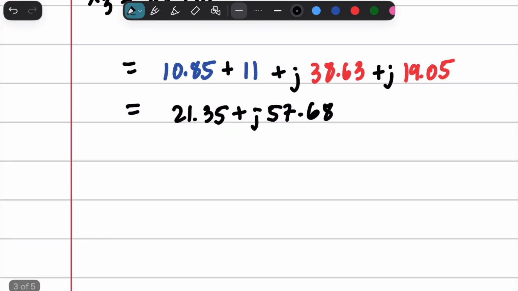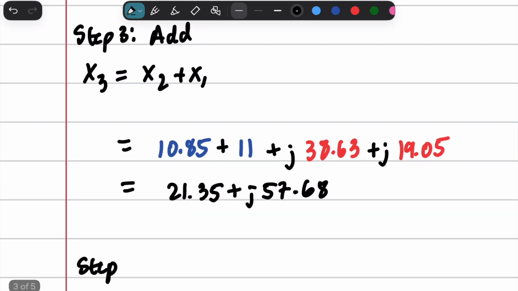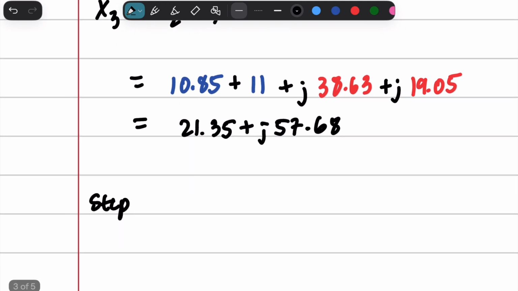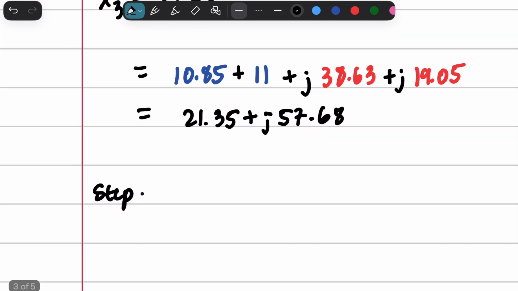Now we're not yet done. We want to convert this back to phasor form, or you can just put it straight into the time domain. We need to find the amplitude A and the new phi.